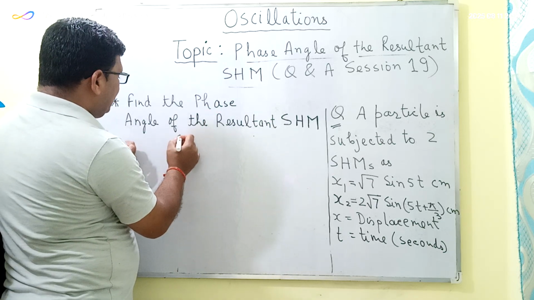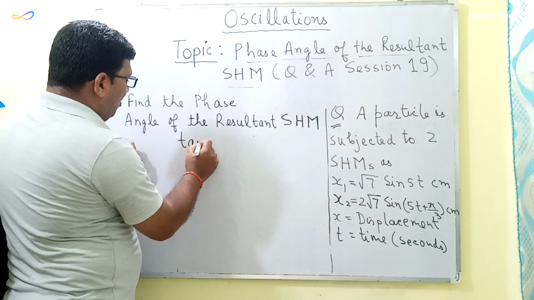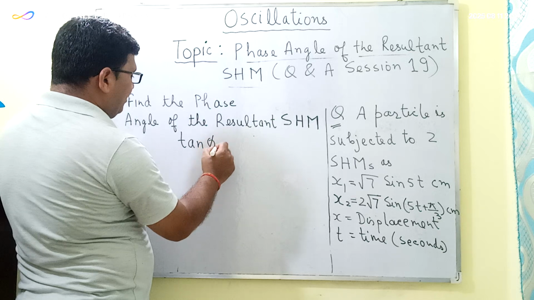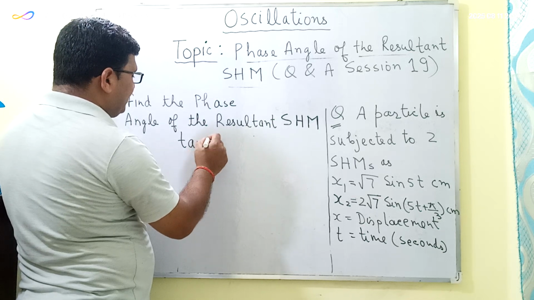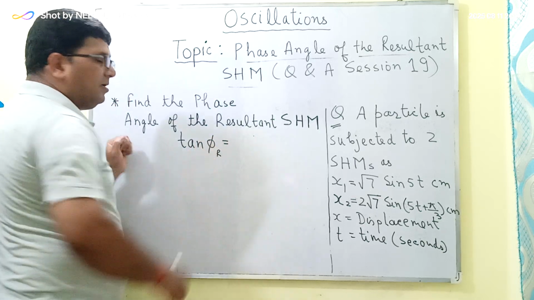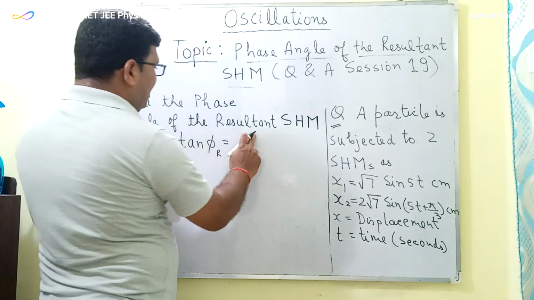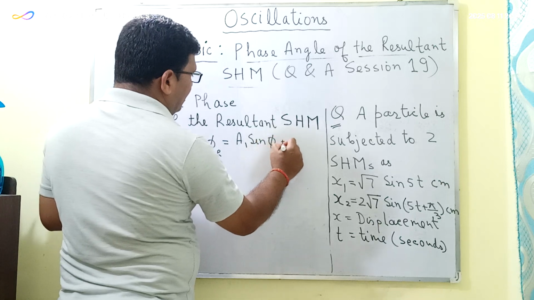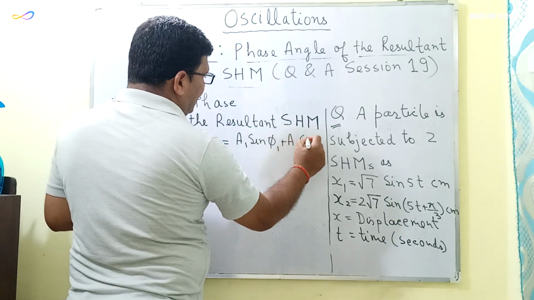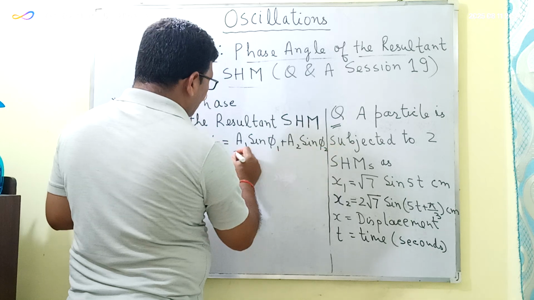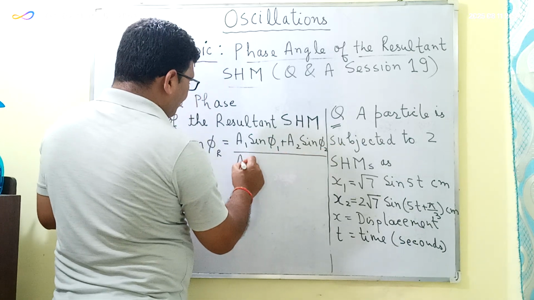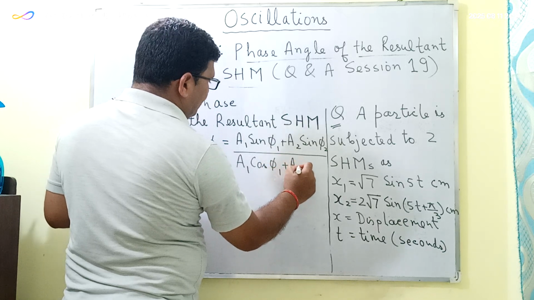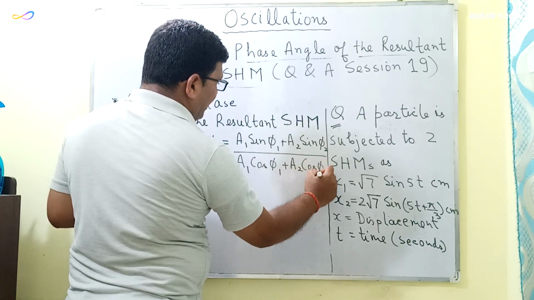So we will be using the formula for the phase angle of the resultant simple harmonic motion, which is given by tan phi r. Here phi r is the phase angle of the resultant simple harmonic motion, and this is equal to a1 sine phi 1 plus a2 sine phi 2 divided by a1 cos phi 1 plus a2 cos phi 2.